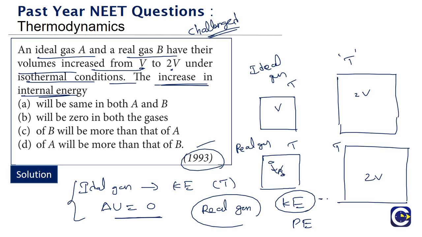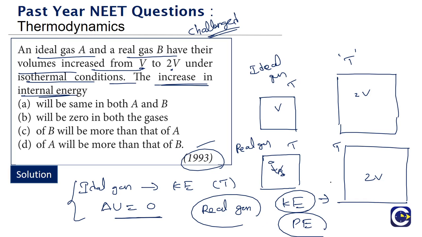Now kinetic energy part, since the temperature is not changing, means what? The kinetic energy of the molecules will remain as it is. So the real gas's internal energy, one part will be kinetic energy. That is not going to change. But there is the other part which is the potential energy part. Potential energy will depend upon the interaction between the particles.